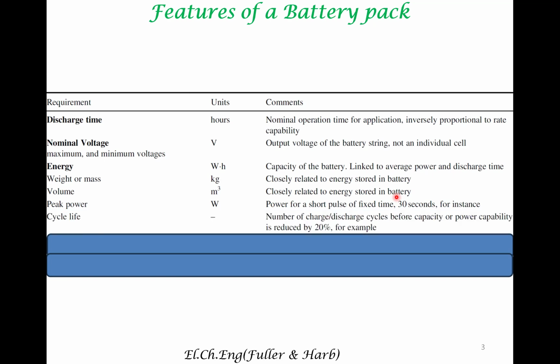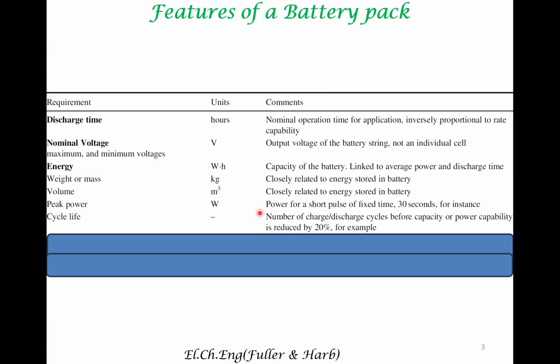Cycle life is another important feature. As you charge and discharge a battery, certain features of the battery decay gradually. The capacity and the power it can provide gradually decays.